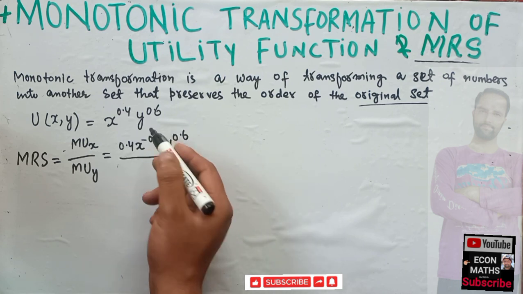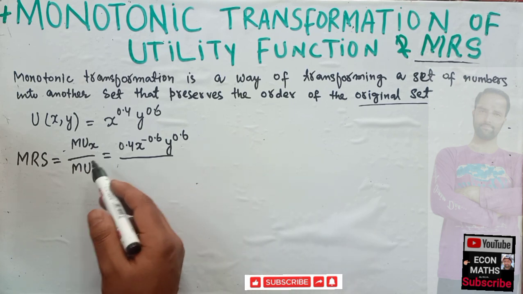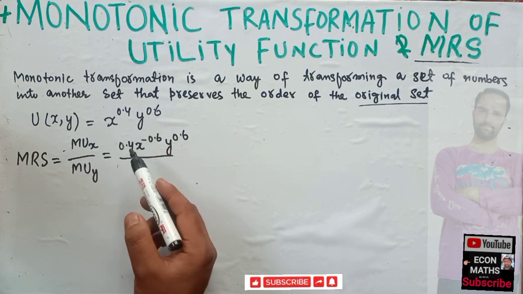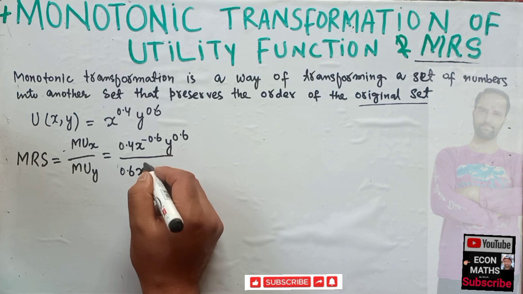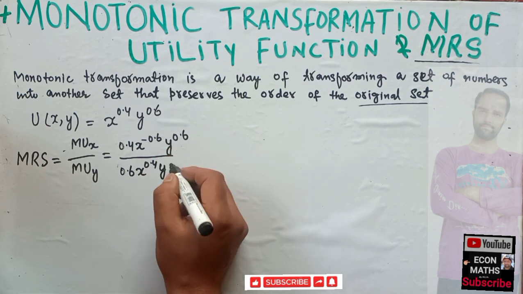I will not go into details, I have explained how to take the partial derivative in a number of earlier videos. Similarly, taking it with respect to y, 0.6 becomes the coefficient. We have x to the power 0.4 y to the power 0.6 minus 1, which is minus 0.4.